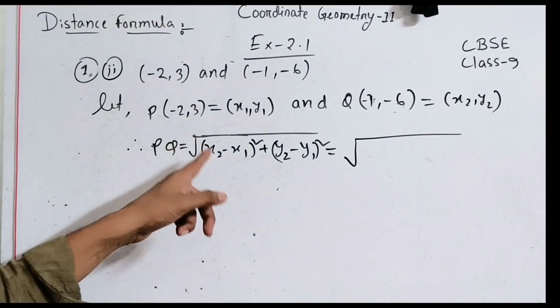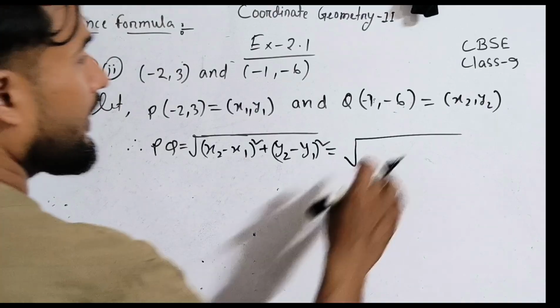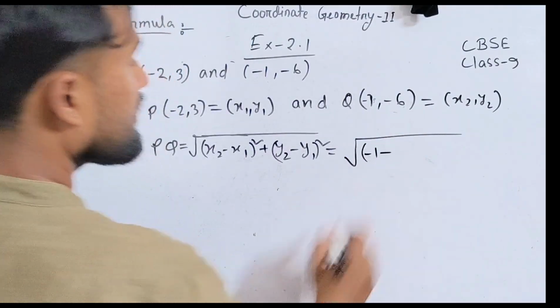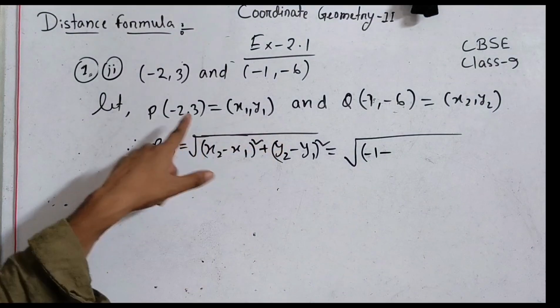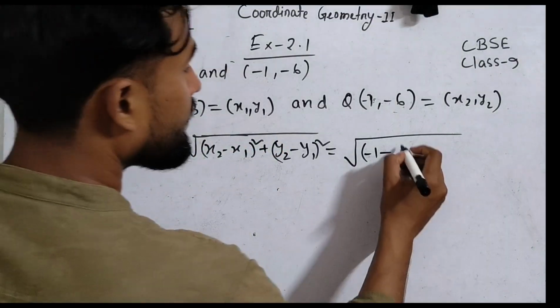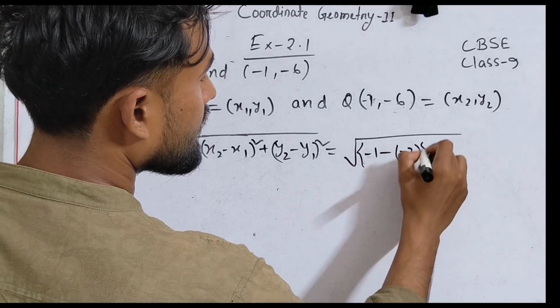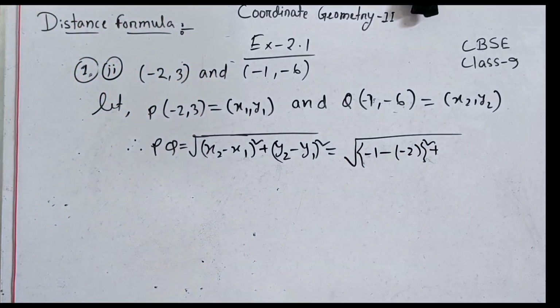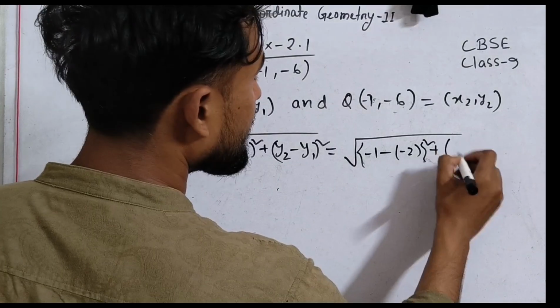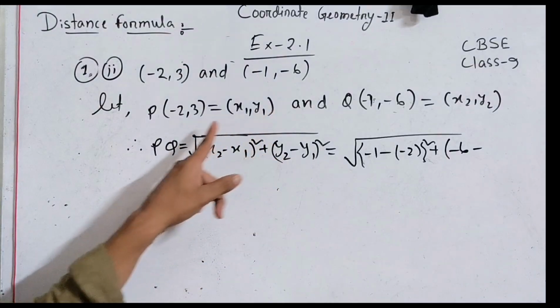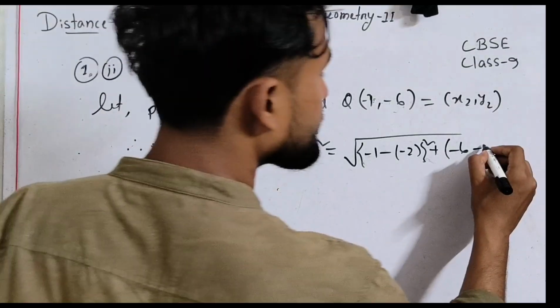Let's put the values of x2 and x1. The value of x2 is minus 1, minus, and the value of x1 is minus 2, again minus 2, whole square, plus y2 minus y1, where y2 is minus 6 minus and y1 is 3.